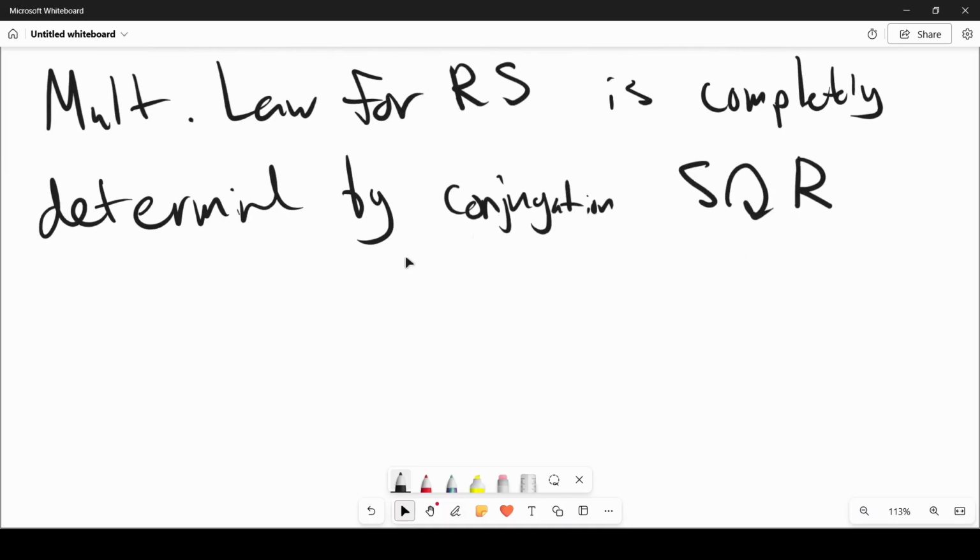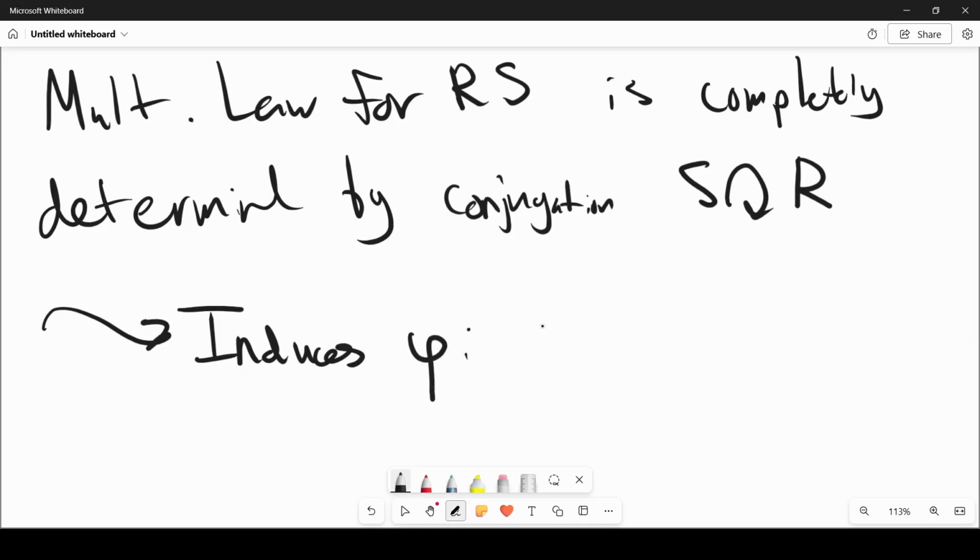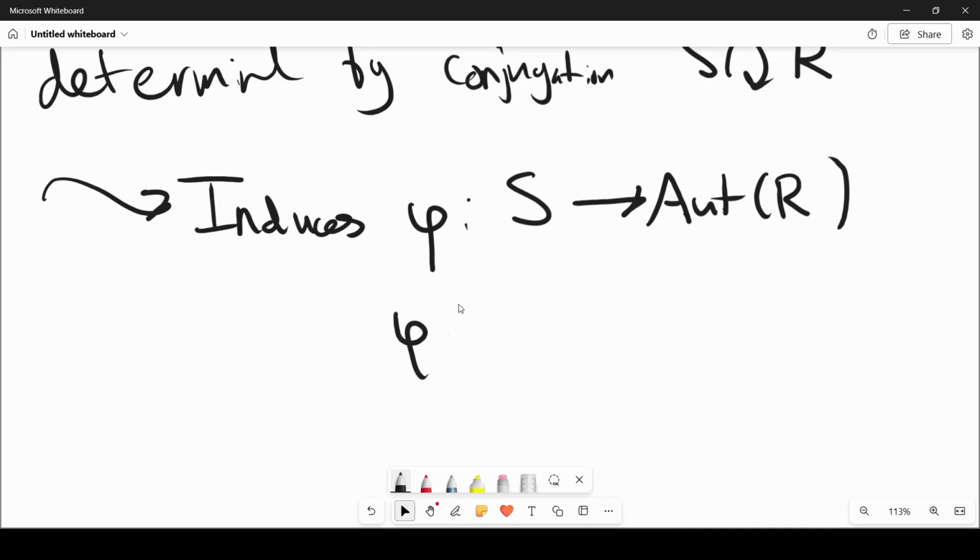Okay, so this action, S acting on R, induces a map, which I'm going to call phi, from S to the automorphisms of R. And I'm just going to denote phi of S as phi sub S for notational clarity.